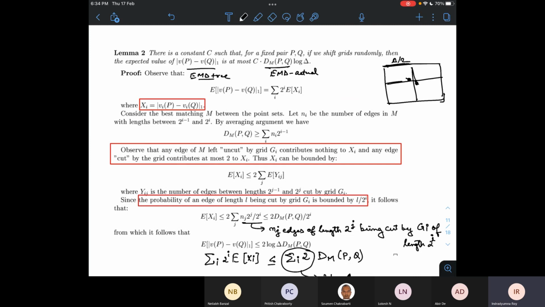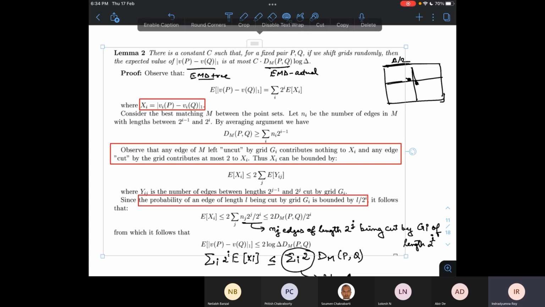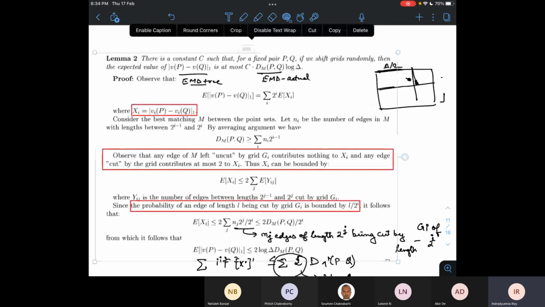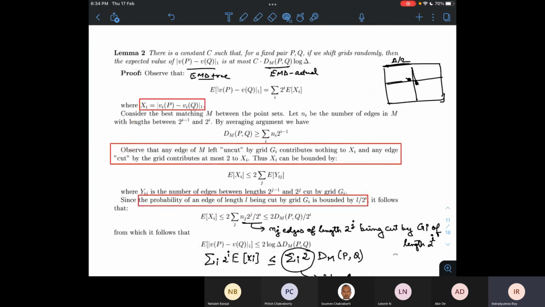So this is a very unfortunate setup, and that's why the idea is to shift the grid randomly. If we shift the grids randomly, then we can have a reasonable bound on the expected distance that is returned by the tree metric.